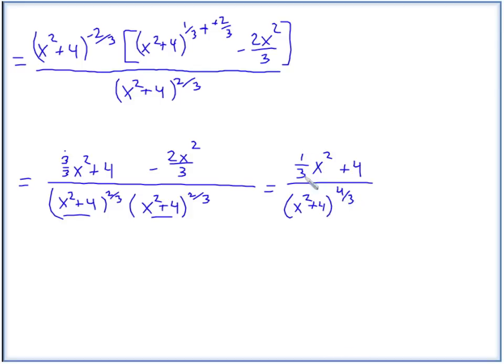And then we don't necessarily like our fraction up there, so we're actually going to factor this 1/3 out of all of this. So we're going to take 1/3 times x squared, and then 1/3 times what gives us 4? 1/3 times what equals 4? Well, we'd have to multiply everything by 3, so it would have to equal 12. So 1/3 times 12 gives us our 4.